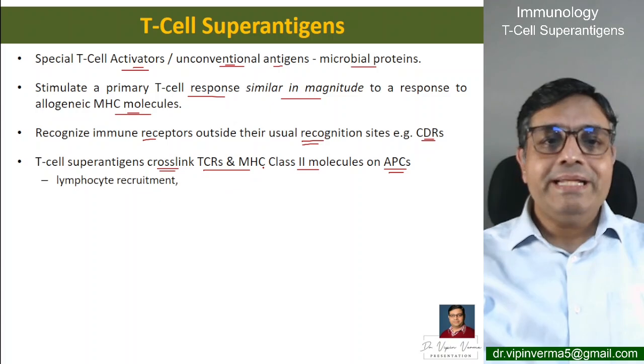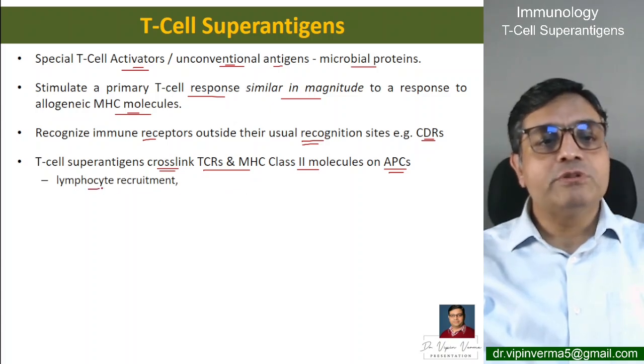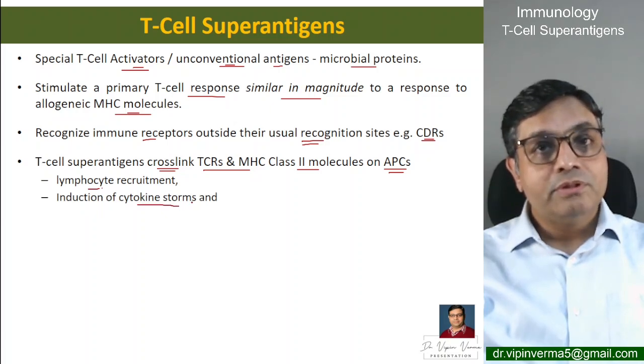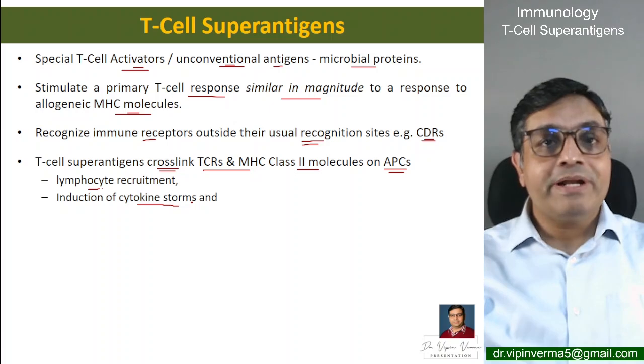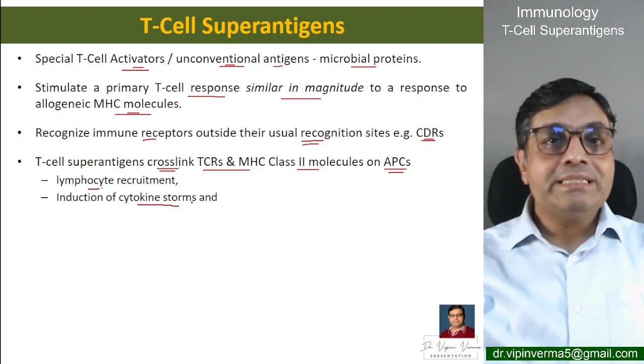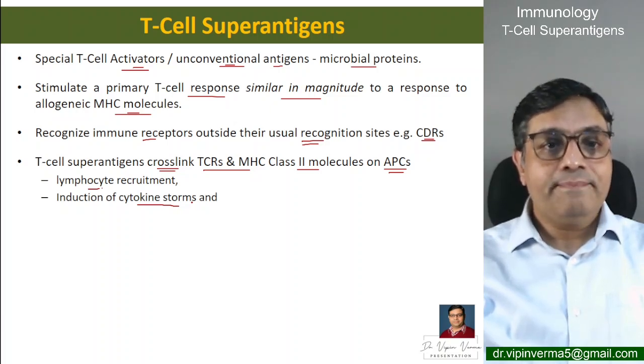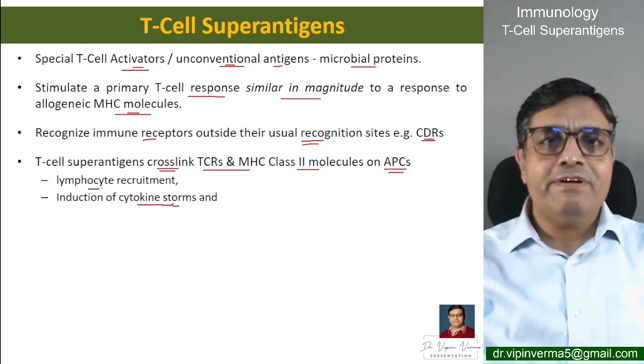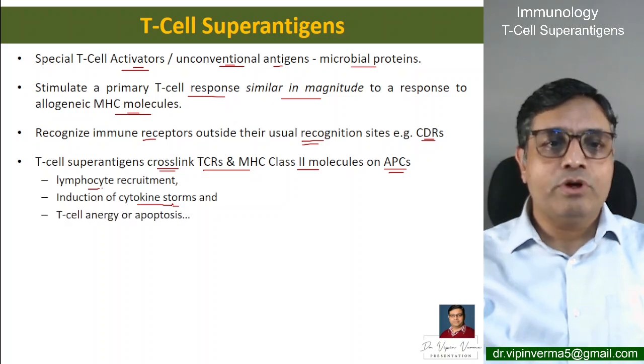By binding, they can recruit the lymphocytes. They can induce cytokine storms. A cytokine storm is a phenomenon where cytokines are secreted in a very high concentration, and that can induce a very difficult situation inside the body.